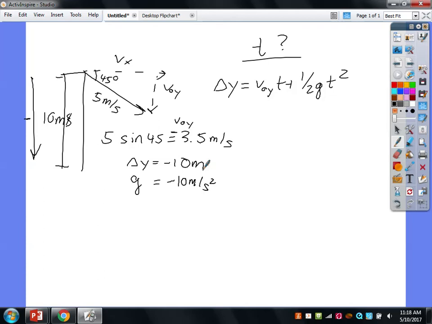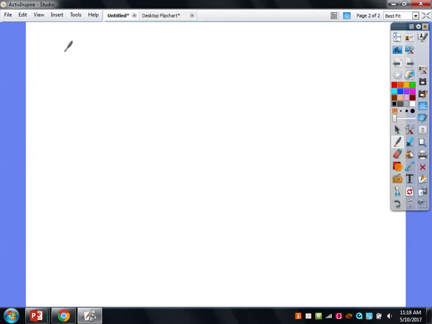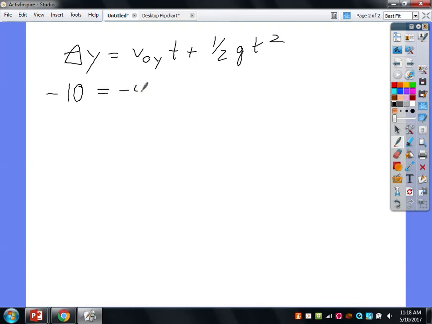So if I plug this into my equation, I'm going to go to a new slide. I get, I'll write it out, delta y equals v naught y t plus 1/2 g t squared. I get negative 10 equals negative 5t plus, I'll leave it that way for now, plus 1/2 times negative 10 t squared.